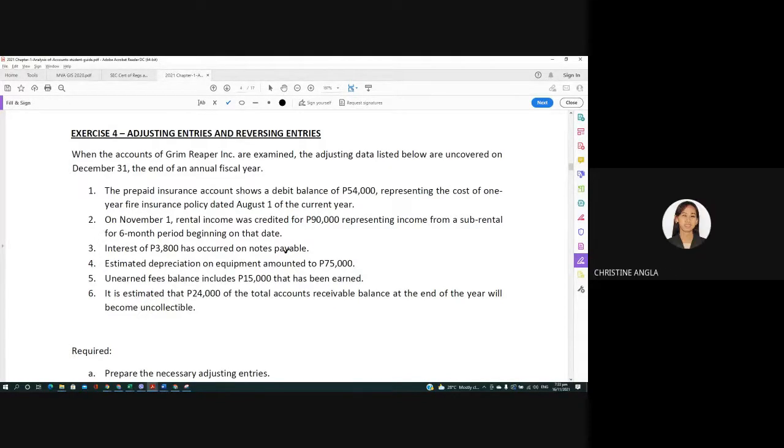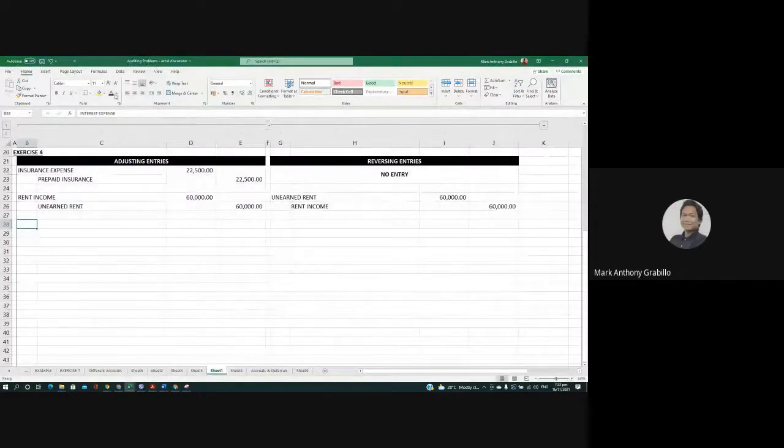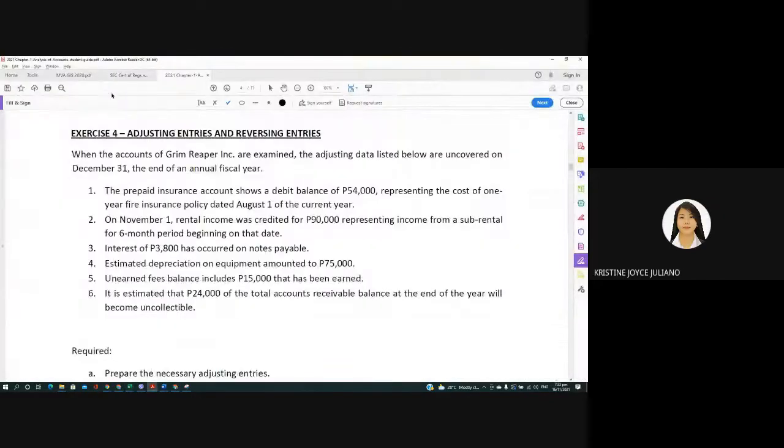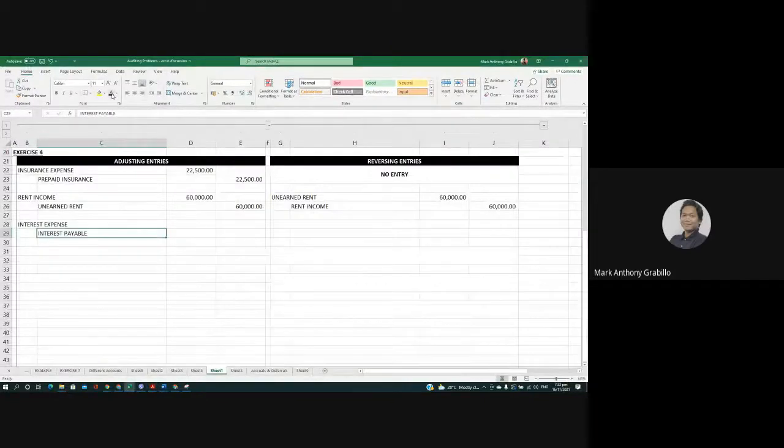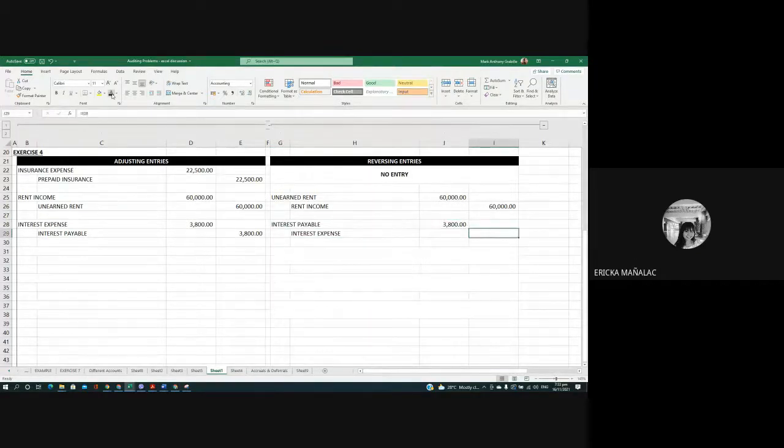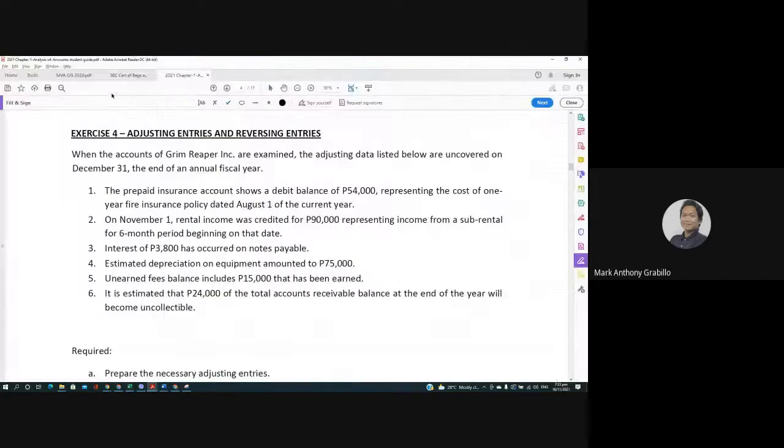So, debit interest expense, kasi notes payable, di ba? And then credit interest payable. Magkano? 3,800. Pwede bang i-reverse? Yes po, kasi all accruals can be reversed. So, debit interest payable, credit interest expense, 3,800.